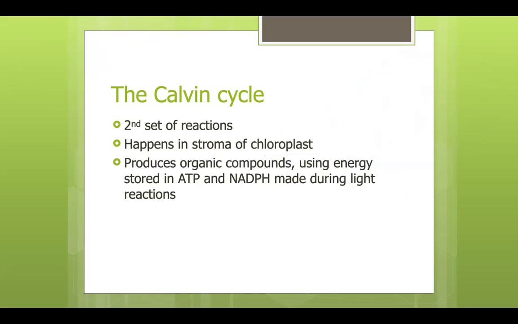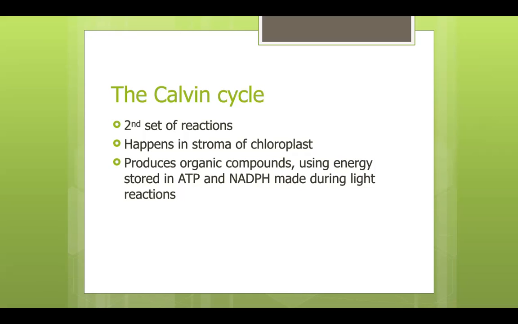The Calvin cycle produces organic compounds, which is the main point, okay? I want you to also remember at the back of your mind that the main point of photosynthesis is to make food, and that food is in the form of organic compounds.